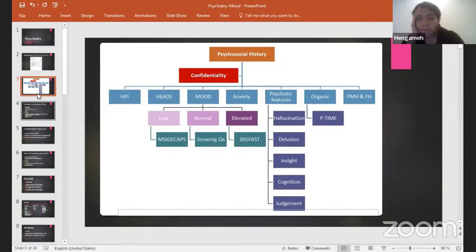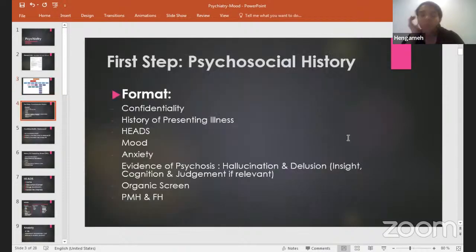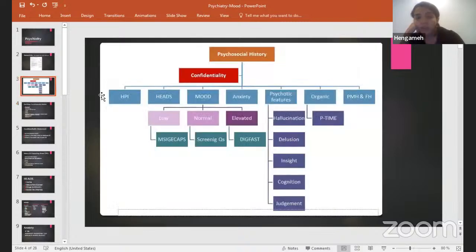So let's break it down into different parts, and then we can go through the rest of it. The format consists of confidentiality, history of presenting illness or history of presenting complaint.